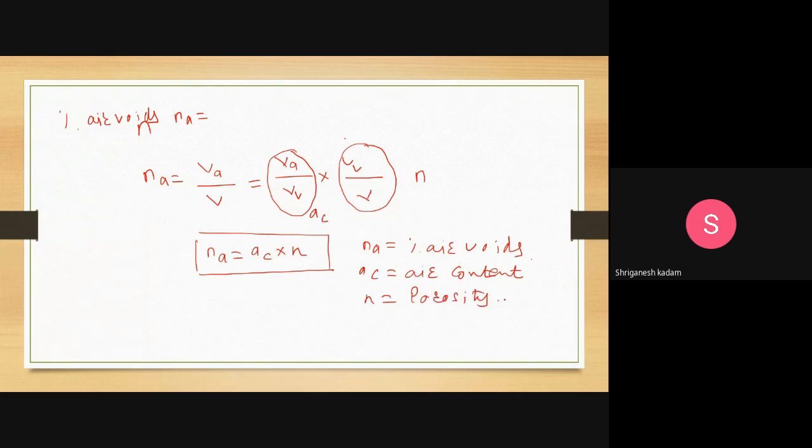Okay, so this is the relation between percent air void, air content and porosity. Sometimes you have to derive this relation, or find out the correct relationship between air content, percent air void and porosity. So from basic definition we can find out this relation.